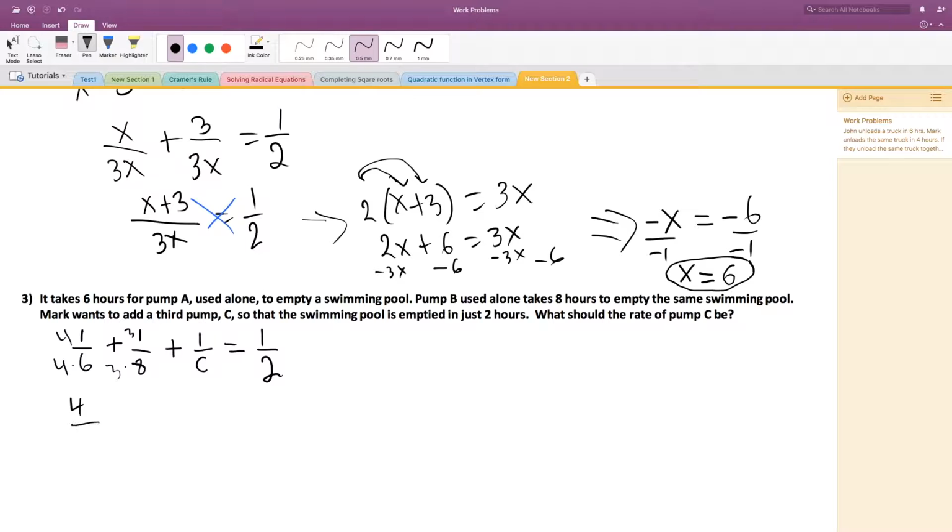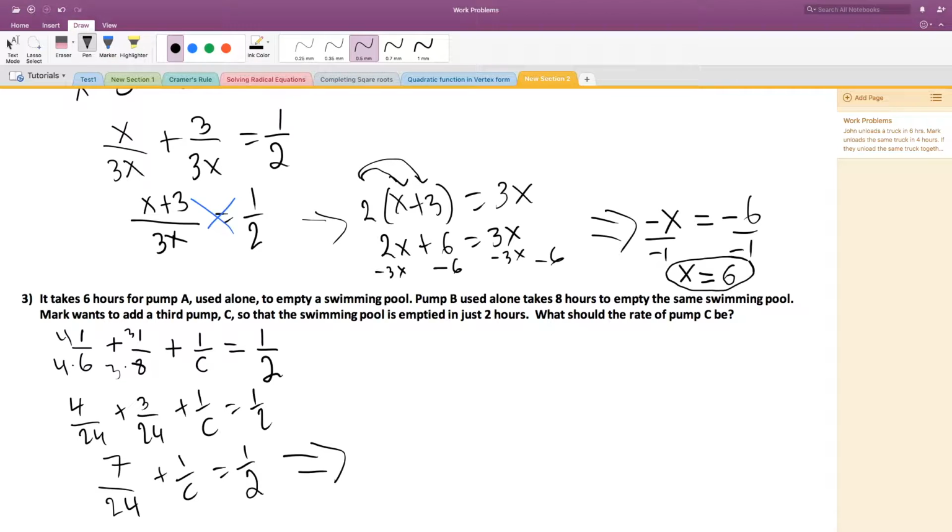So I get 4 over 24 plus 3 over 24 here plus 1 over c equals a half. Alright, so then I have 4 plus 3 is 7 over 24 plus 1 over c equals 1 over 2.